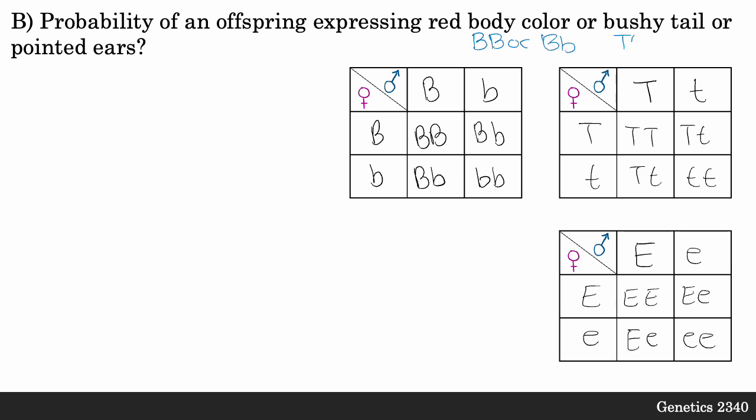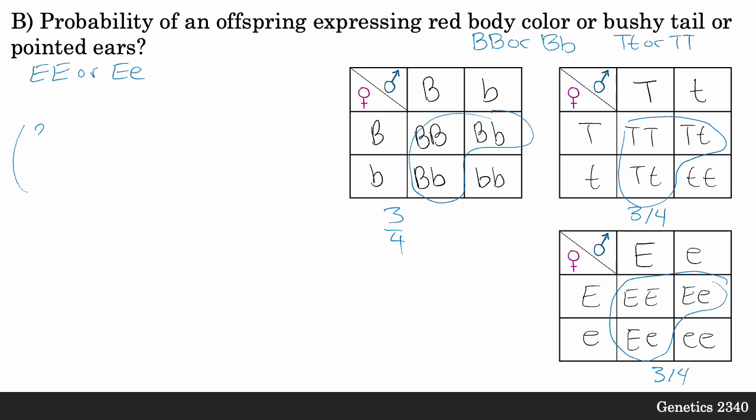Bushy tail is big T, small t, or big T, big T. And then pointed ears are big E, big E, or big E, small e, which will be 3 over 4, and 3 over 4, and 3 over 4. So then our probabilities will all be 3 over 4, and then since we're using the addition rule, you're going to add them. So it'll be 3 over 4 plus 3 over 4 plus 3 over 4, which will add to 9 over 4.